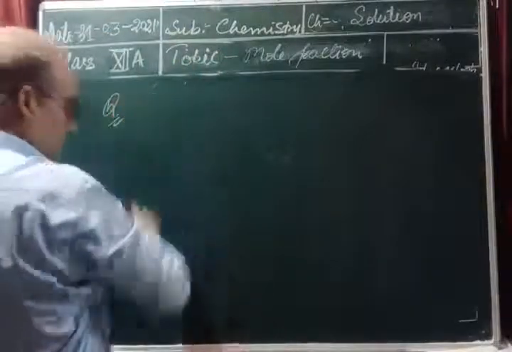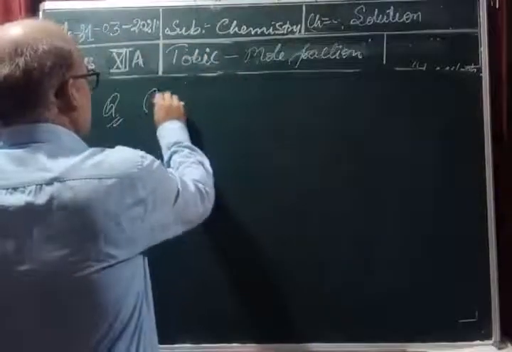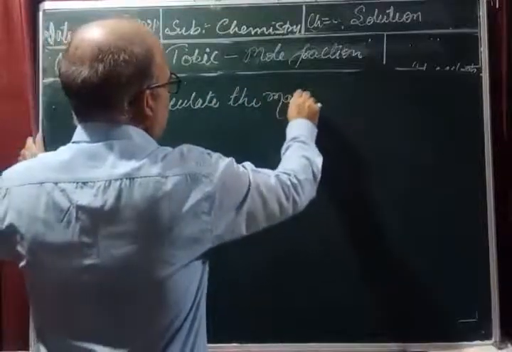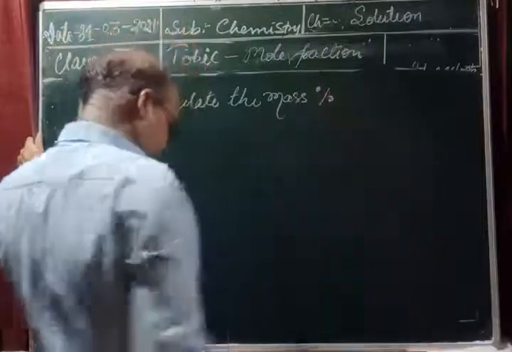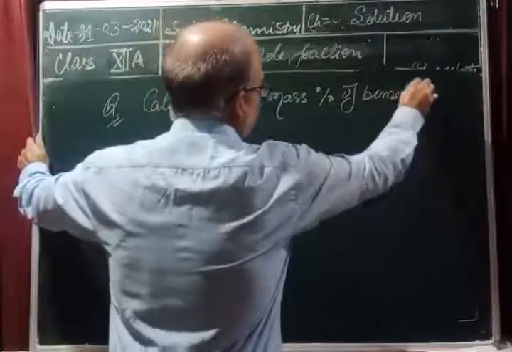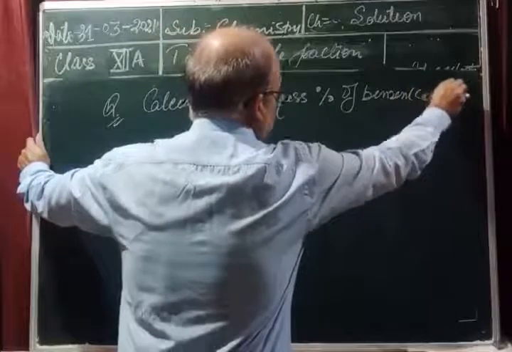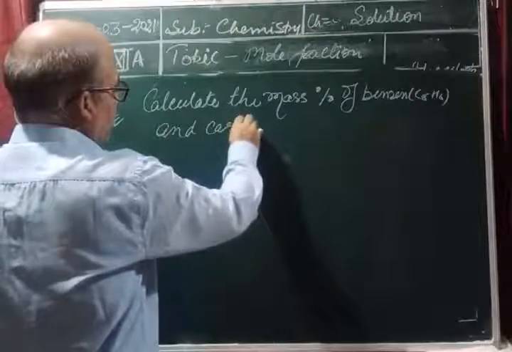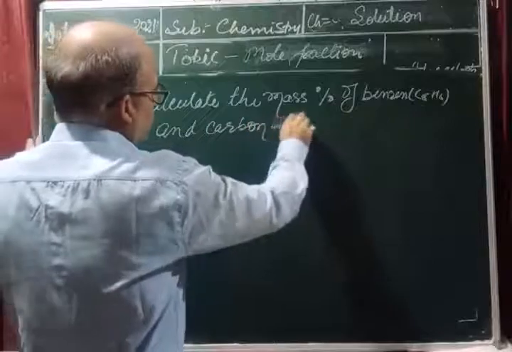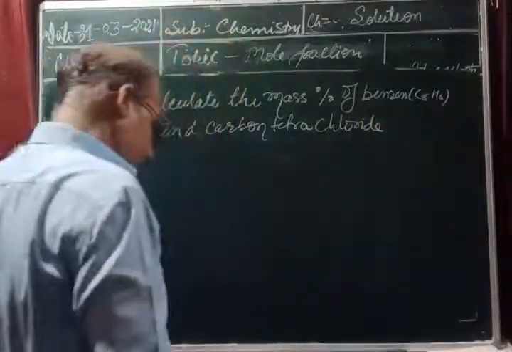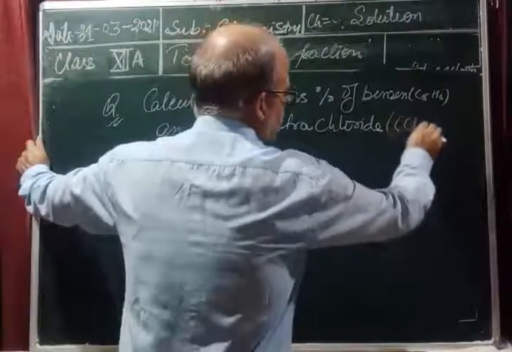Here is a very small numerical. Calculate the mass percentage of benzene, C6H6, and carbon tetrachloride, CCl4.